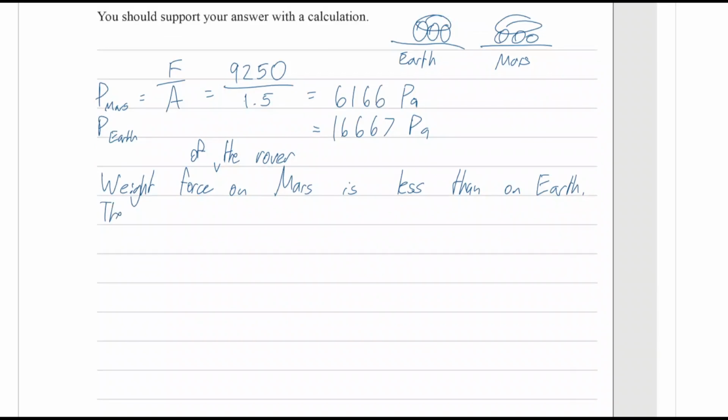The contact area of the rover with the ground is the same on Mars and on Earth.